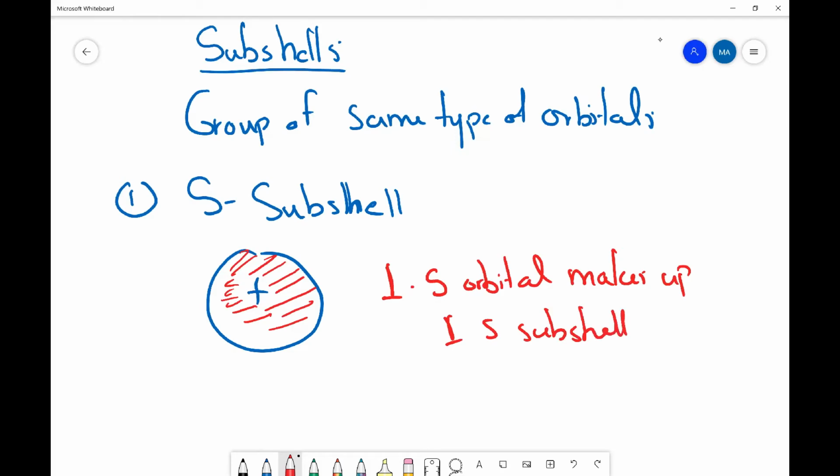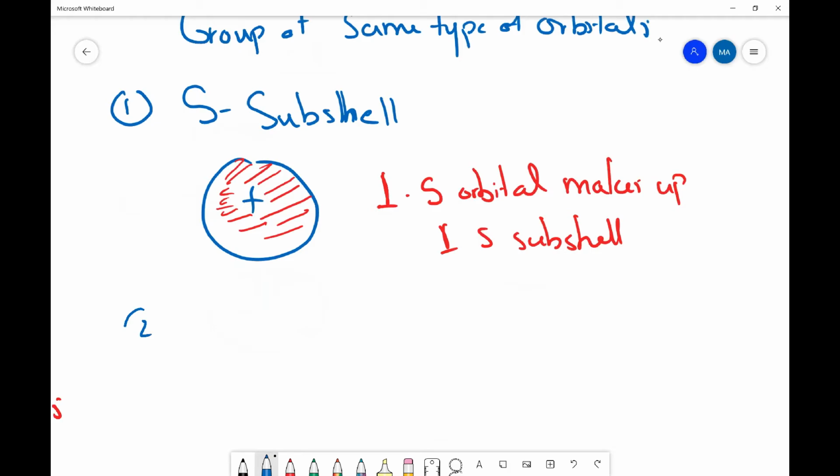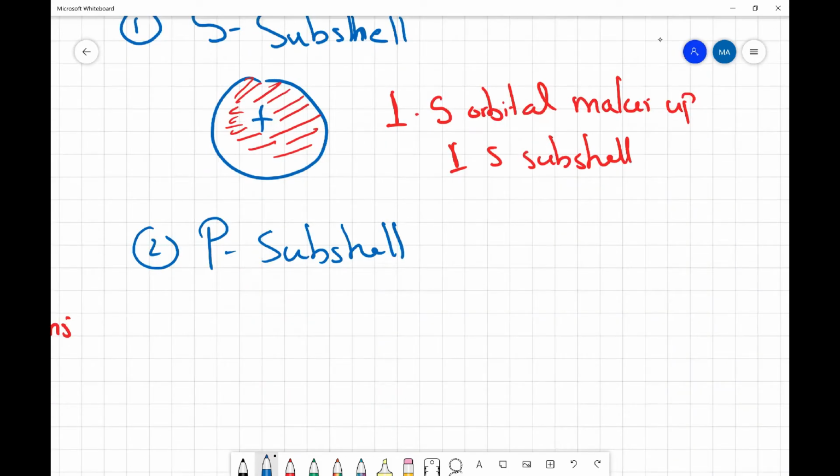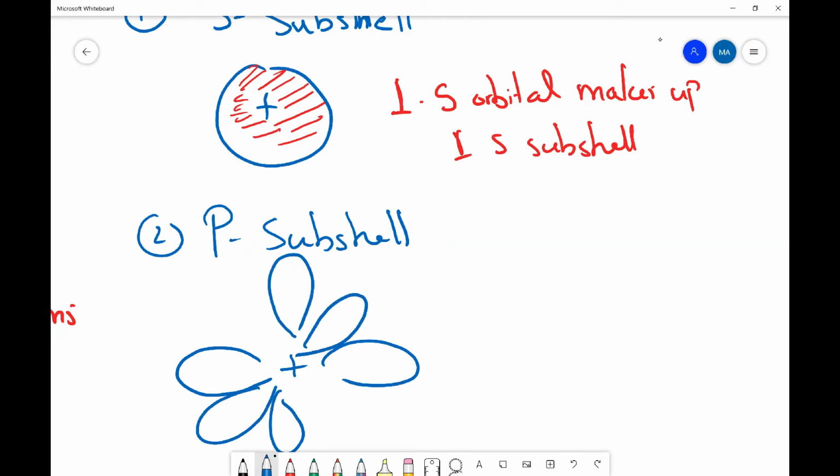Now for p subshells, there has to be a total of 3 p orbitals to make up a p subshell. Remember, this is how the shape of p was, right? Two oval shaped regions. This is one p orbital. If you combine a total of 3 p orbitals, you're occupying the x-axis, the y-axis, and the z-axis.